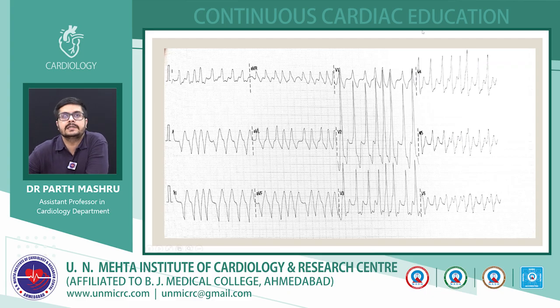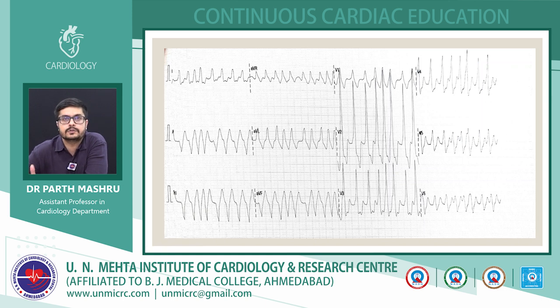So again, by logic, the first step is to look at lead V1. What is lead V1 over here? Lead V1 is positive. Then next we move on to the inferior leads. If you see the inferior leads, 2, 3, aVF are negative. So the pathway is mostly on the left side, that is on the mitral annulus, and it is somewhere in the posterior region. Now where in the posterior region?